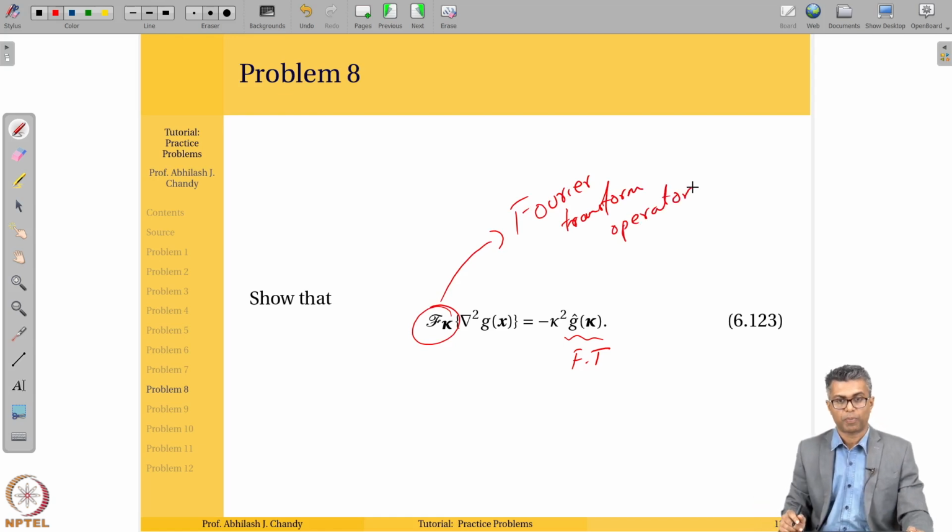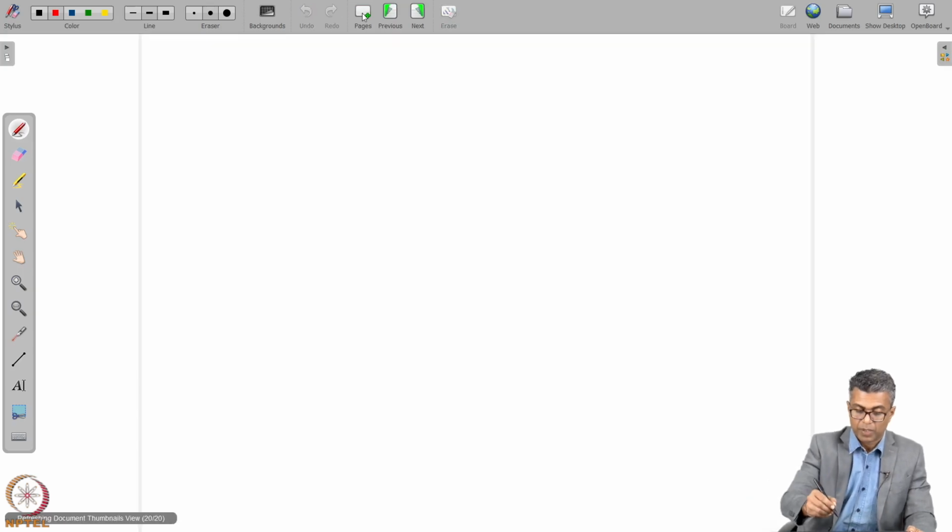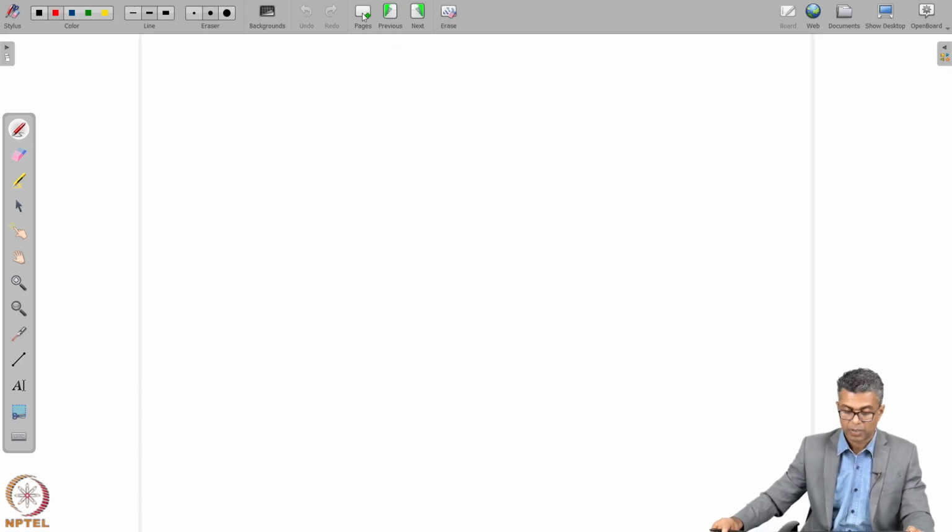When I apply that Fourier transform operator onto a Laplacian, what I get is minus kappa squared g hat of kappa. We have actually used this in some of our derivations in class. This is a way for us to actually prove it. So let's go to the next page.